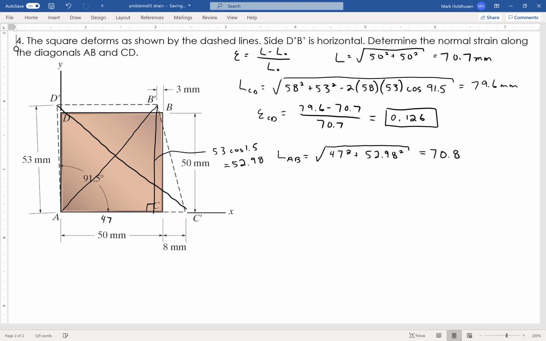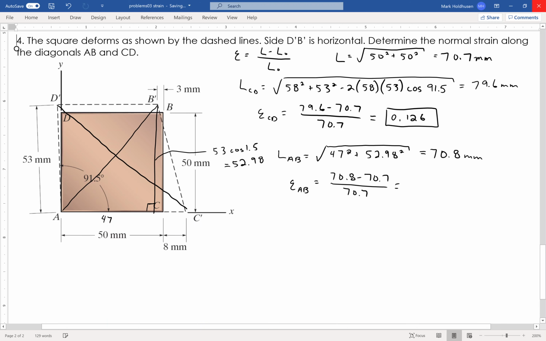So this side does not stretch nearly as much as the other diagonal. Plugging that in for the strain on the AB diagonal, I get 70.8 minus 70.7, divided by 70.7, and I get 0.00168.